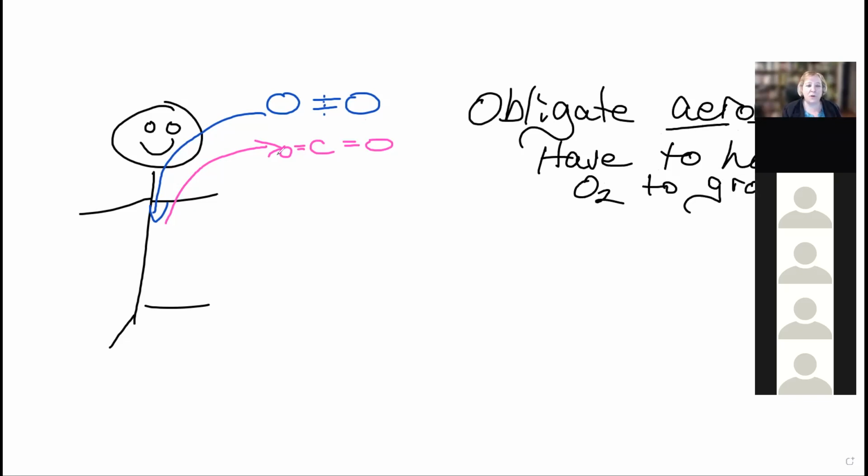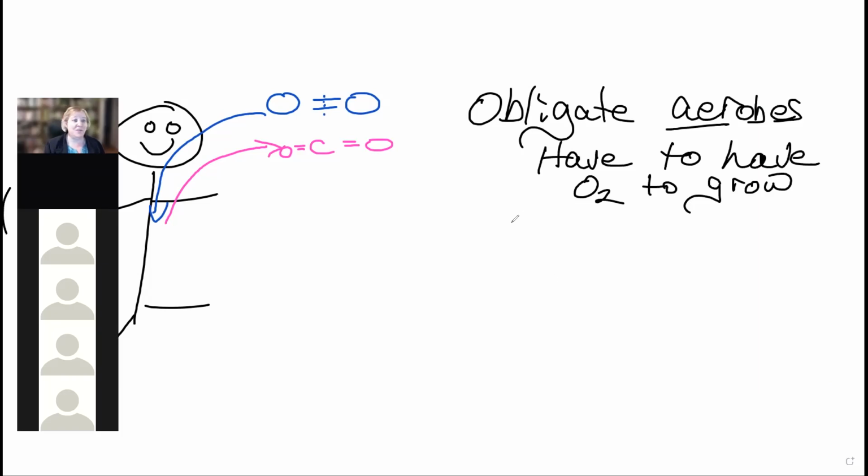So those are microbes that have the same oxygen requirements that our cells have, because our cells have got to have oxygen. Because microbes have adapted to many environments, they are able to grow in a variety of oxygen conditions. Obligate aerobes are obligated to have oxygen.